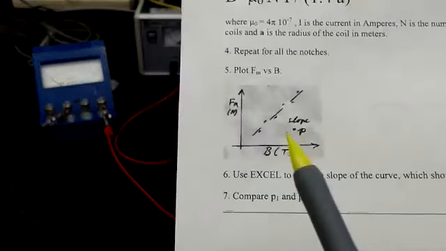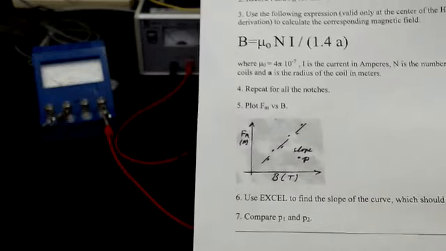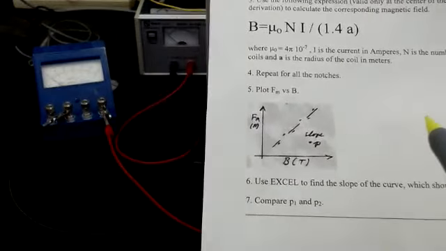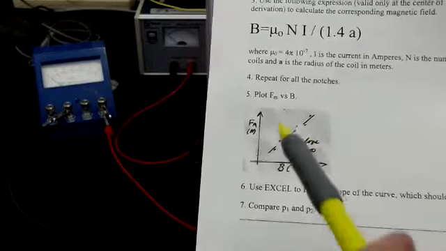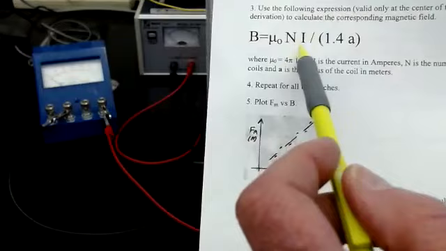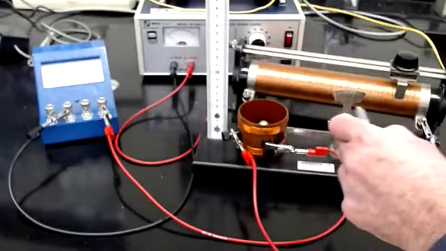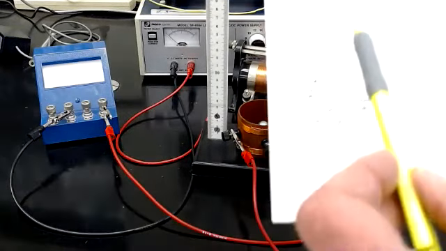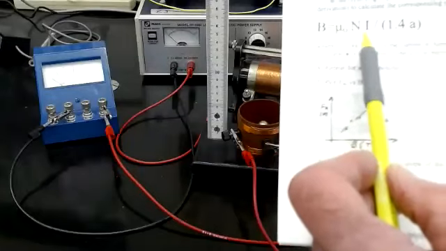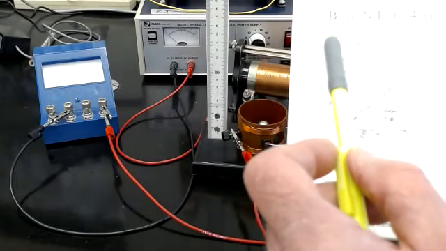Okay, so once again, you're going to use a mass rider along all those notches on the right-hand side of the magnetic balance, and you're going to oppose them with enough current so that you've got this balance in the neutral position. So you're going to record all these different I's, whereupon you will calculate the corresponding B values.